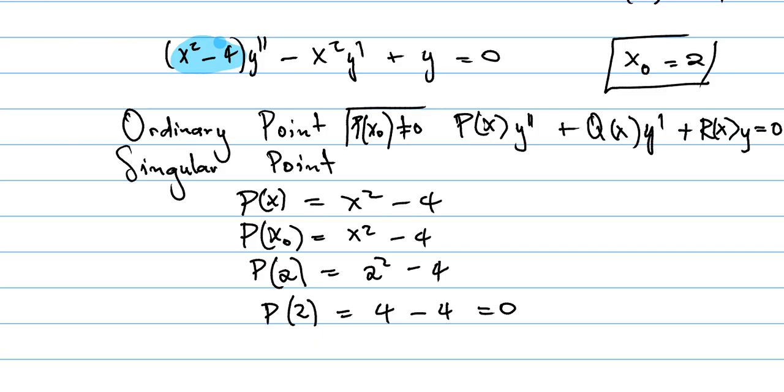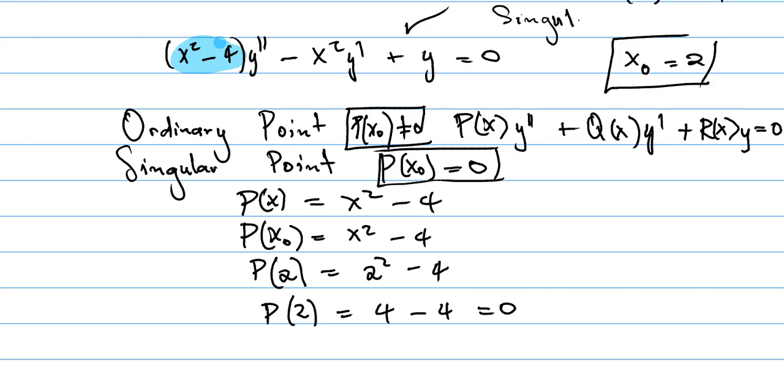This is the ordinary case. For the singular, the p of x naught must be equal to 0. You should bear in mind those cases are very important. So this means the equation we're having here has a singular point.